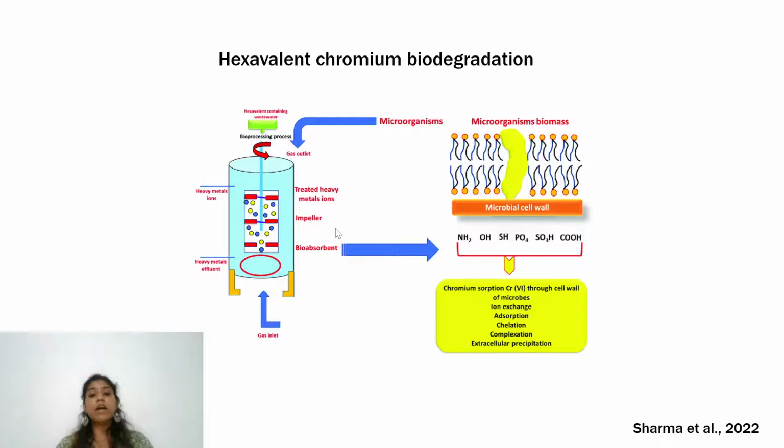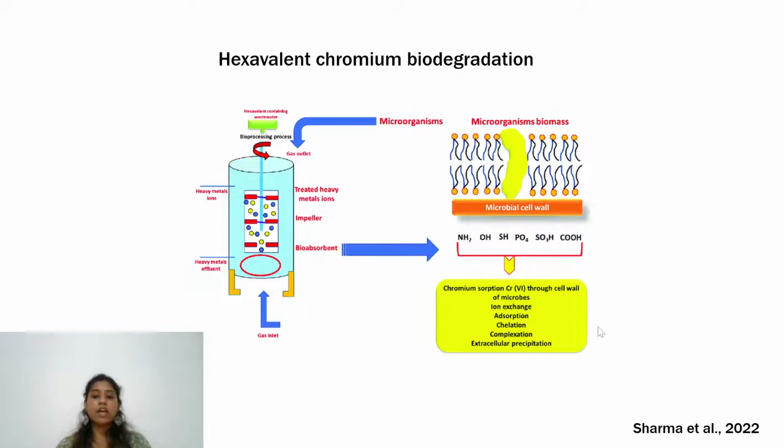This chromium can be biodegraded by microorganisms, again through reduction, and these are all the different processes through which the chromium goes through in microbial biomass, and how it is broken down in the chamber with the help of microorganisms and processed into compounds that are less harmful for the environment.